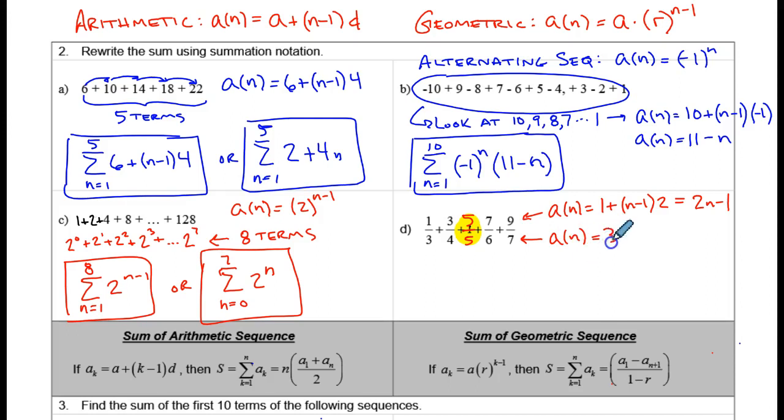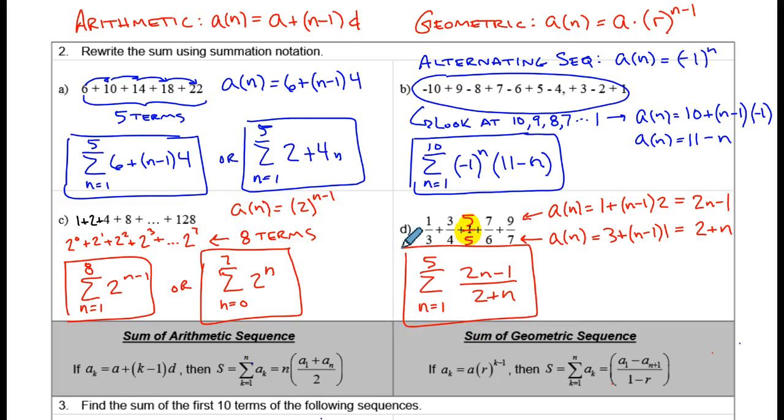This one starts at 3 and has a common difference of 1, so it's going to be 3 plus the quantity n minus 1 times 1. This we can simplify to 2 plus n. And now we have our sequence defined. It's 2n minus 1 over 2 plus n. And there are 5 terms in this sequence, so I can write it as follows: sum from n equals 1 to 5 of 2n minus 1 over 2 plus n.